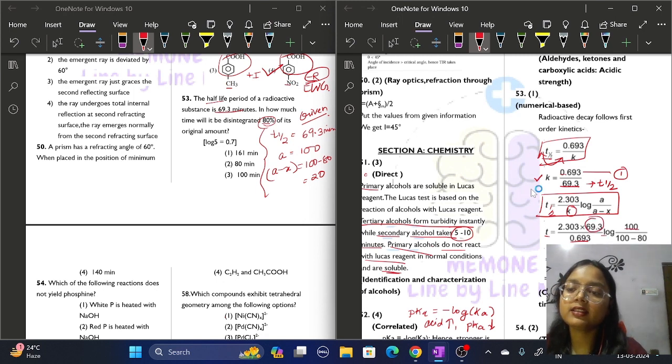Log A is 100 and A minus X is 100 minus 80, that is 20. So 100 by 20 is 5. The value of log 5 is already given in the question. It is 0.7. If we solve this, the answer comes out to be 61.